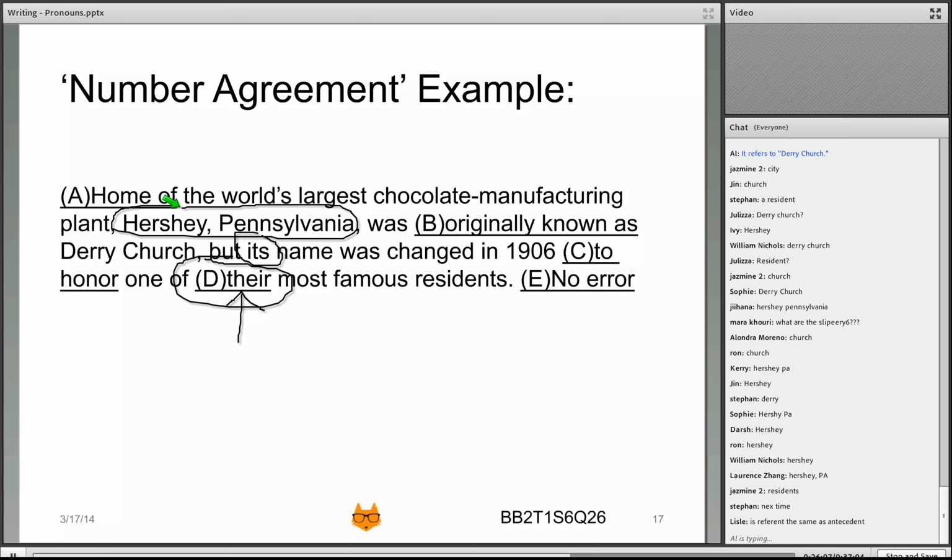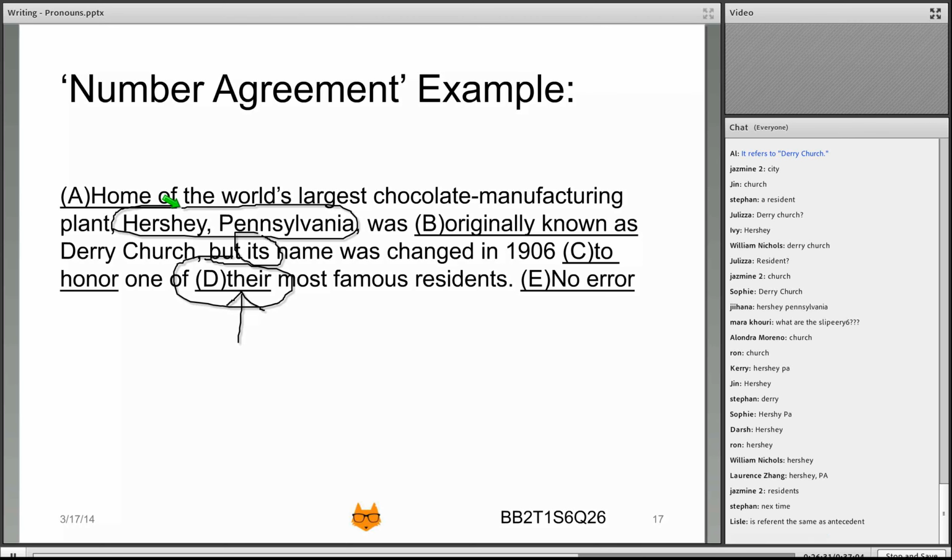And it's also the referent of "there." So the referent doesn't change, so neither should the pronoun. Its name was changed to honor one of its most famous residents. Both of these cases were referring to Hershey, Pennsylvania, so we should use "its."